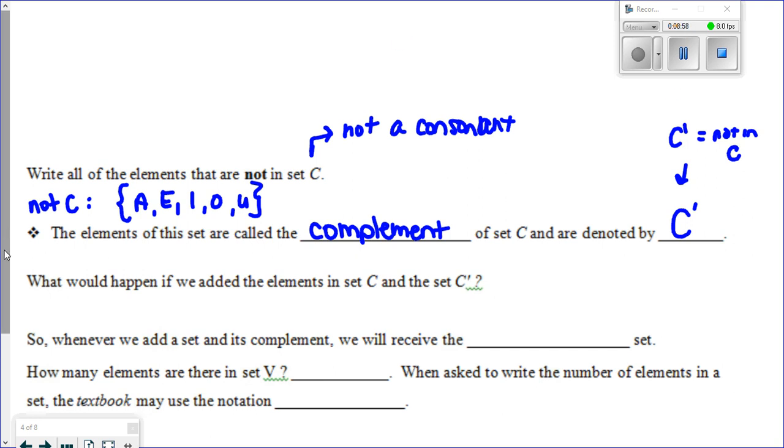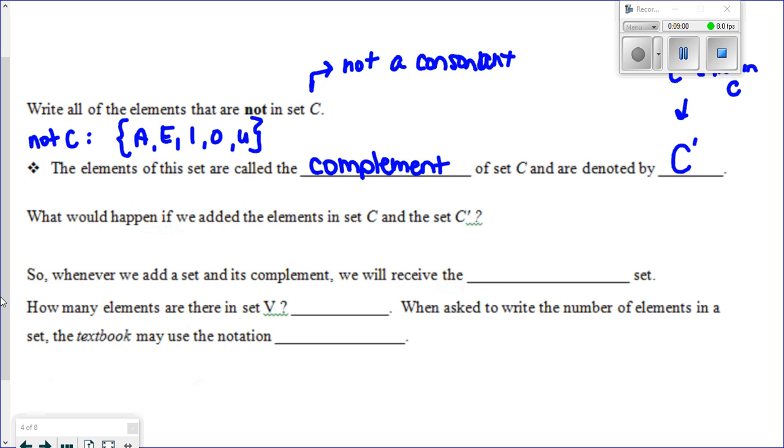The next part says, what would happen if we added the elements in set C, so if we had set C and we added all the elements in C prime. The elements in set C, again, were B, C, D, F, G, and so on. If we added the elements in C prime, A, E, I, O, U, we would have everything. We would have A from the complement to C, and B from here, and C from here, and D from here, and E from here.